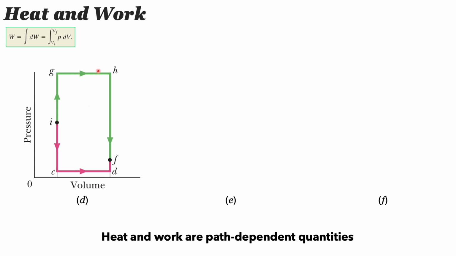So if you want to follow this path, we will have to do a lot of work in order to go from initial state to final state, but if you follow this path, we will have to do very little work to go from initial state to final state.